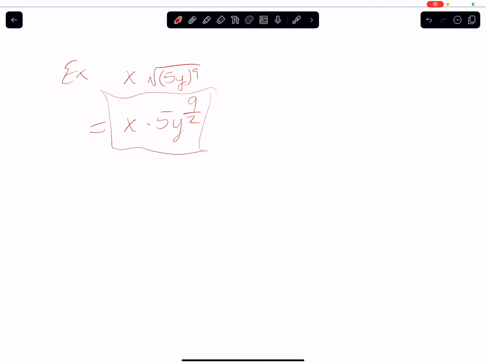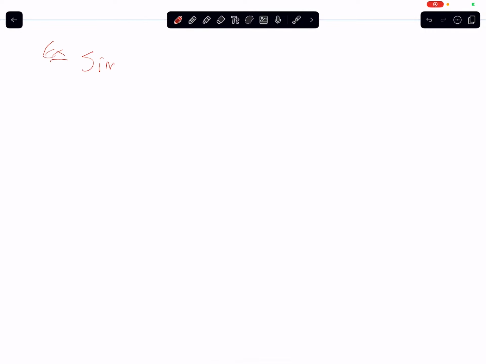Okay, let's do one more type where we simplify rational exponents. Let's try out a simplifying example. Simplify 8x raised to the 1/3 power times 14x raised to the 6 over 5 power. So how can we do this?